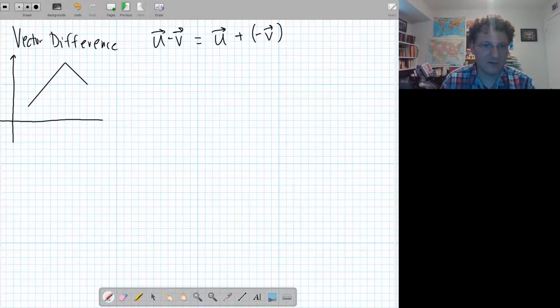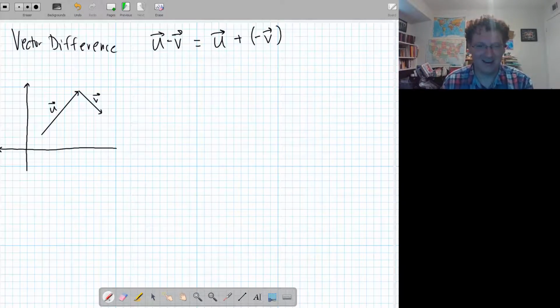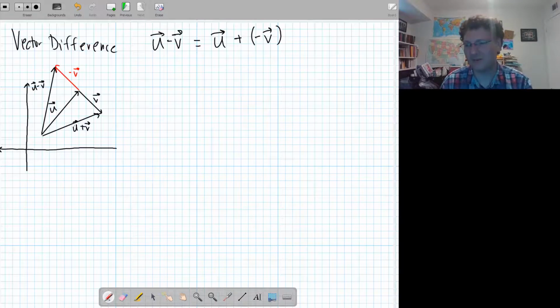Here's u, here's v. Negative v would be in that direction, roughly. So over here would be u plus v, and over here is u minus v.